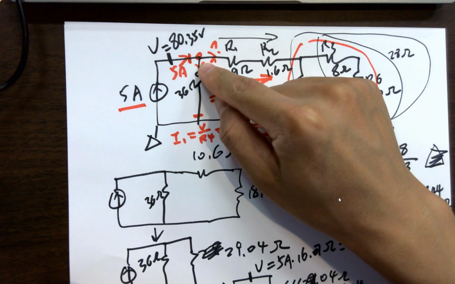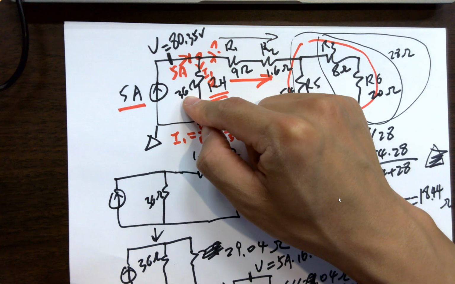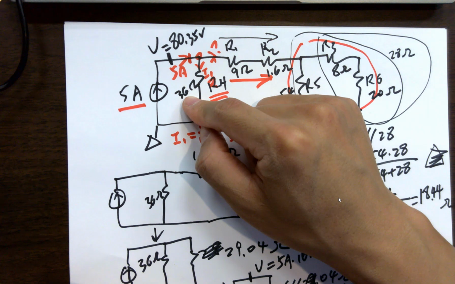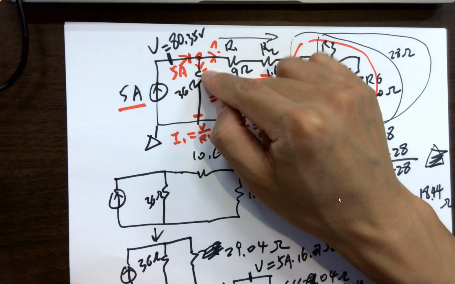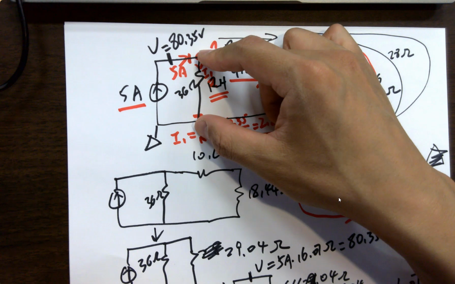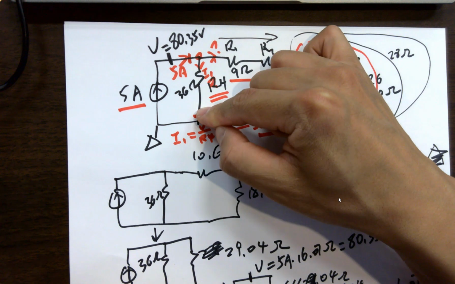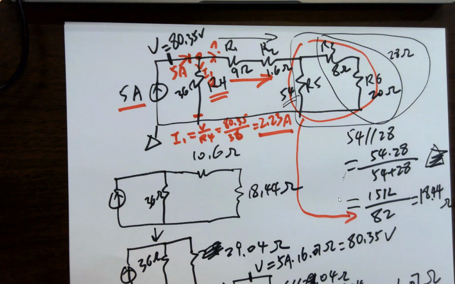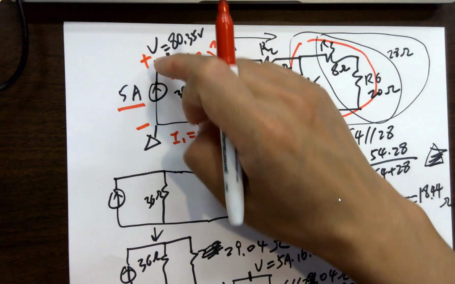So if I use that current times this resistor, I'm getting a voltage drop from where to where? From top to bottom, right, of this resistor. And that's exactly what I'm trying to find out. Because the voltage drop from top to bottom is exactly V. Because when pointing to V, I'm assuming it's like that, right? V is from top to bottom.